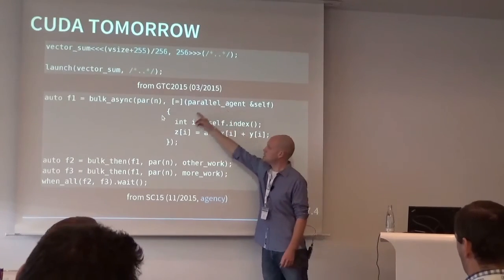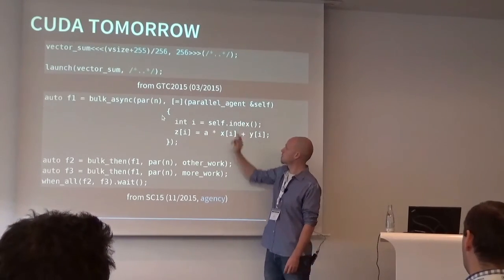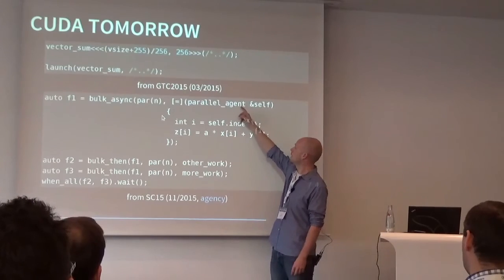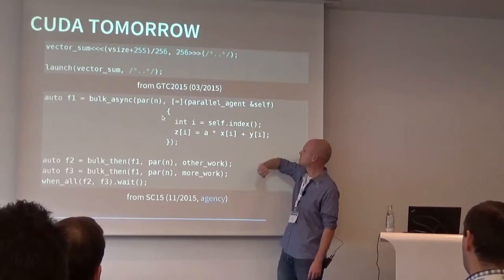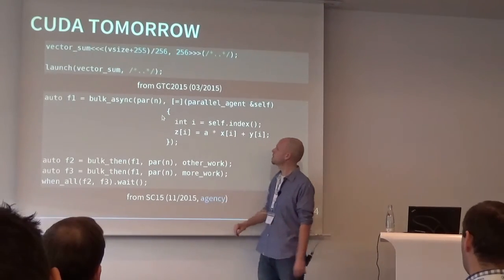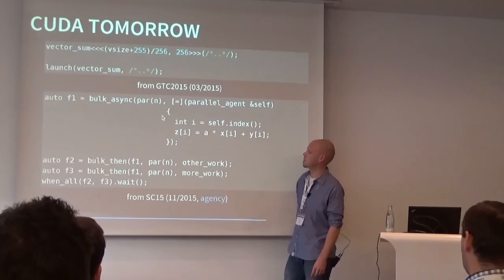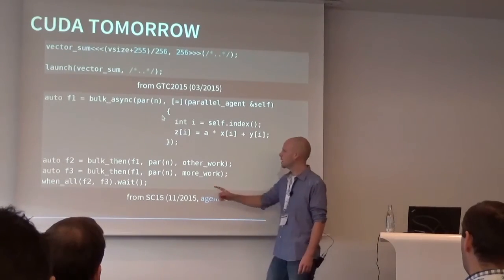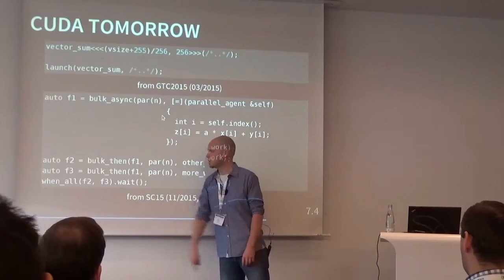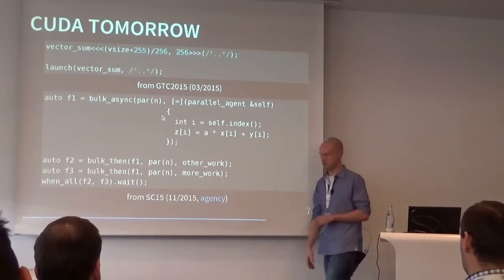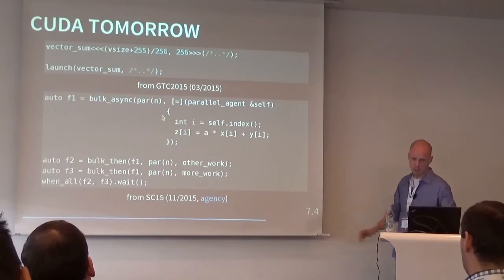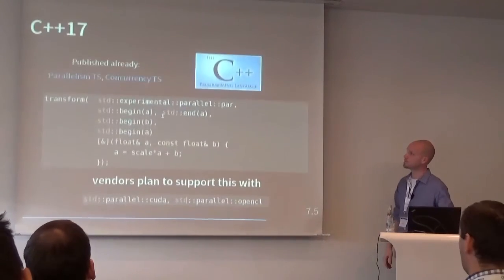Then you still have a lambda function that defines the work to be done on the device. And the nice thing is that you can marry this with continuations, which I think is an awesome way to go forward. But let's see how early this will be available.